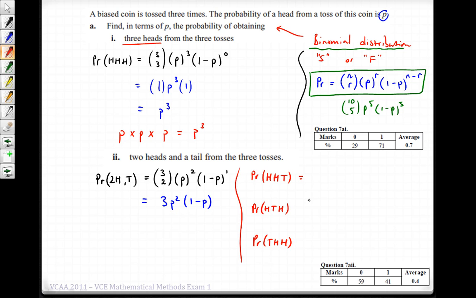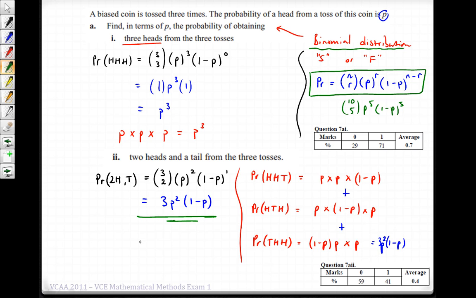And that would have just been the same as P times P times 1 minus P, P times 1 minus P times P, and then 1 minus P times P times P, and then we just add them together and we get 3P squared, 1 minus P, which is our result here.